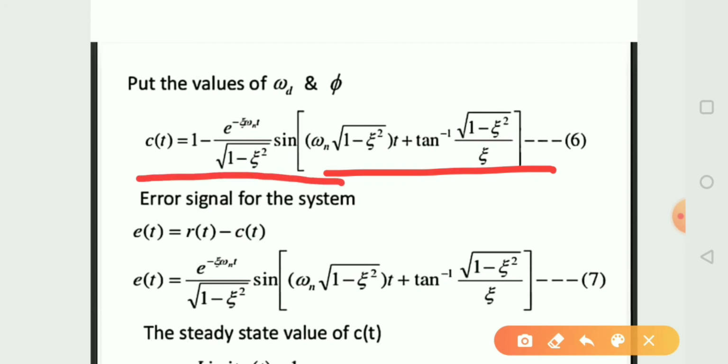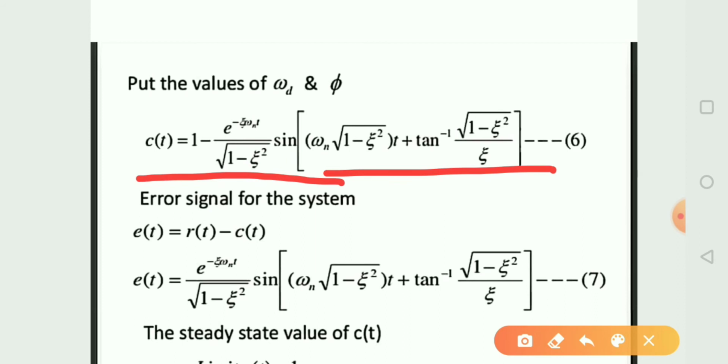And if we calculate the error signal, we know that error is the difference of output and input which we apply. So here input is R(t), the unit step input, and output is C(t), and the value of R(t) is 1.